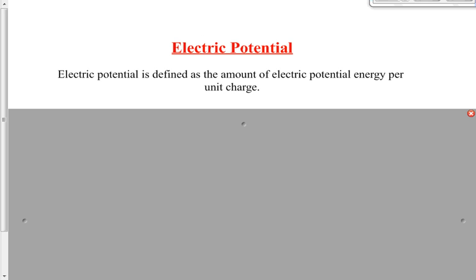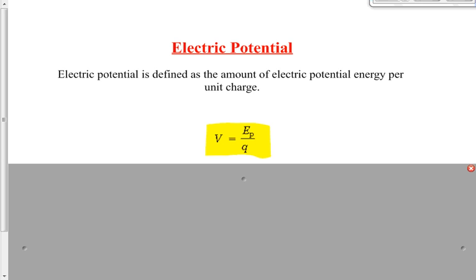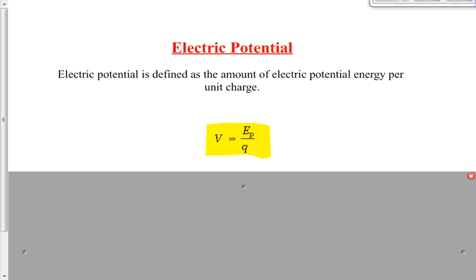The 173 was the money per person. Potential is the energy per charge. Now the symbol for potential is V, capital V, not a lowercase v, because a lowercase v would be speed. Capital V is potential.